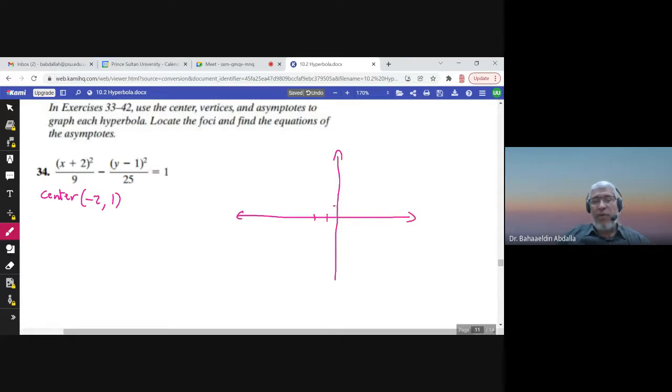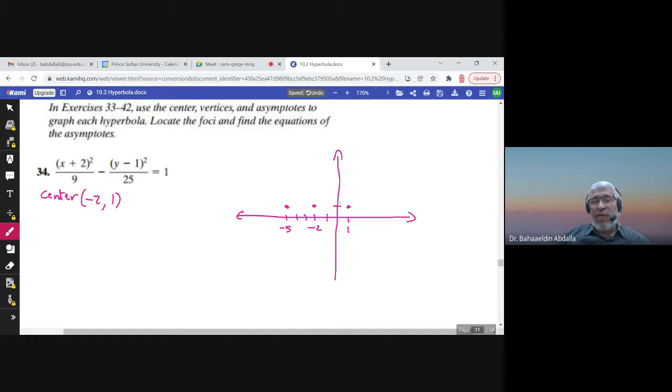Negative 2 and 1. This is the center. 9, so 3 units to the right and 3 units to the left. So this is negative 2. When I add 3, I reach 1. When I subtract 3, I reach negative 5.